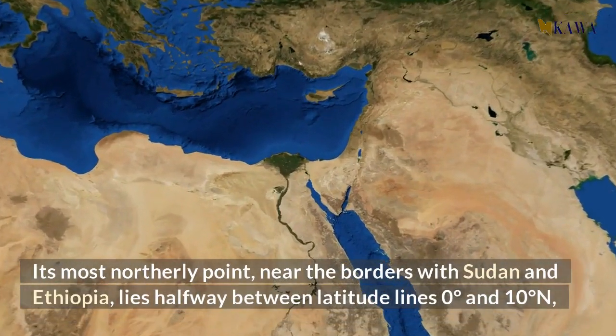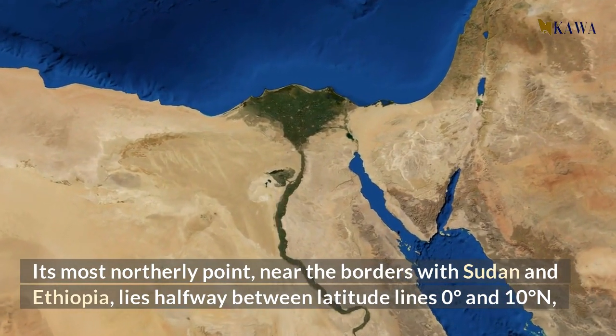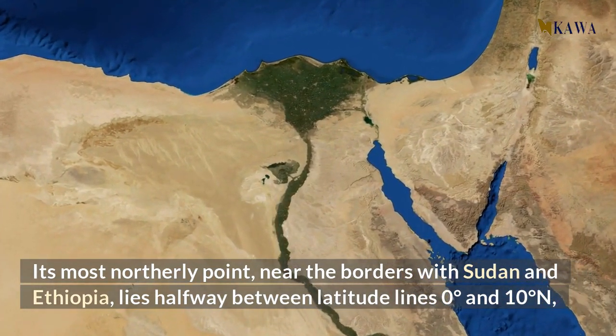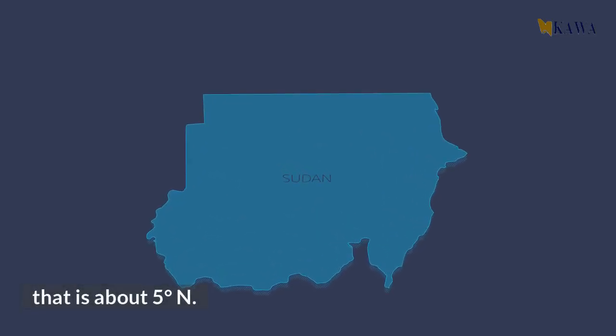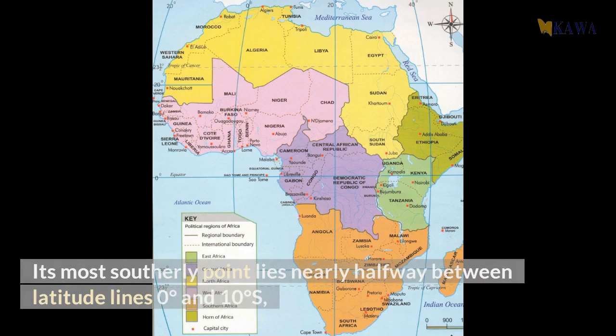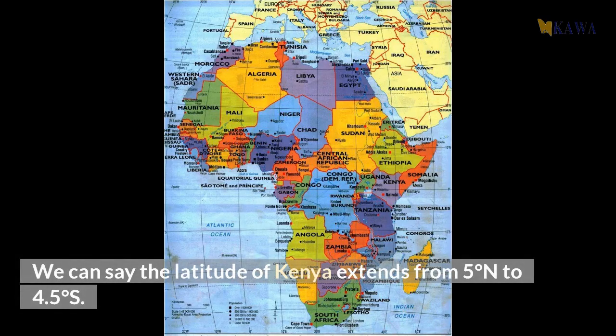Its most northerly point, near the borders with Sudan and Ethiopia, lies halfway between latitude line 0 degrees and 10 degrees north. That is about 5 degrees north. Its most southerly point lies nearly halfway between latitude line 0 degrees and 10 degrees south. That is about 4.5 degrees south.